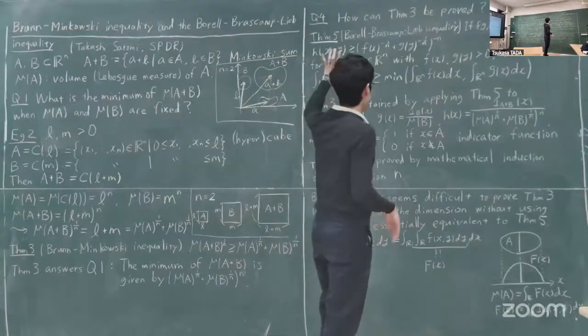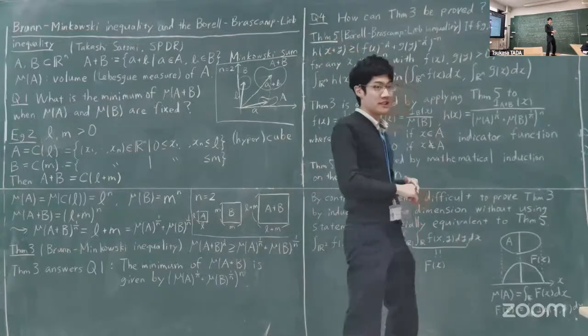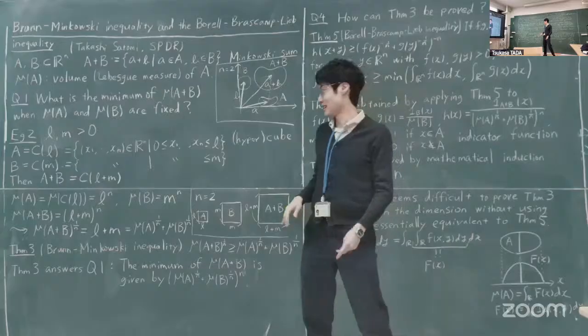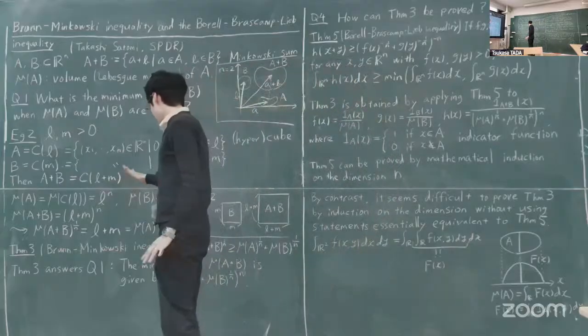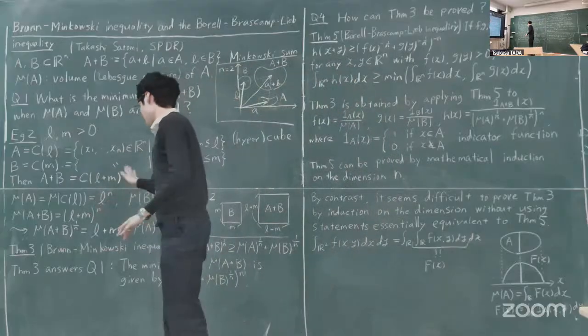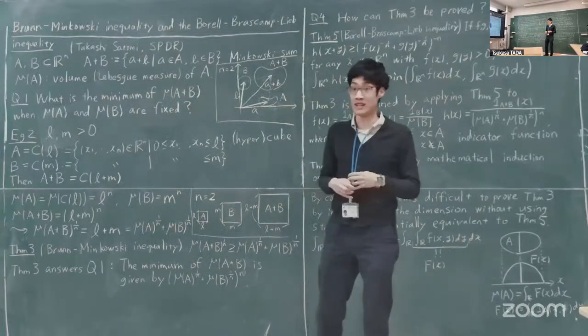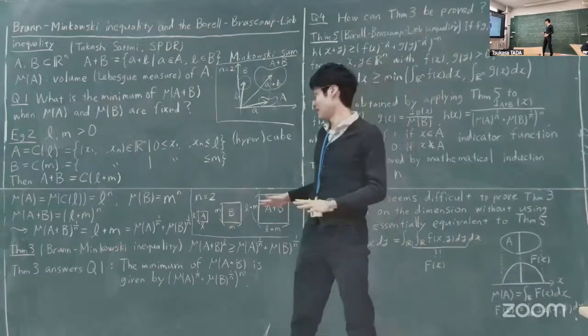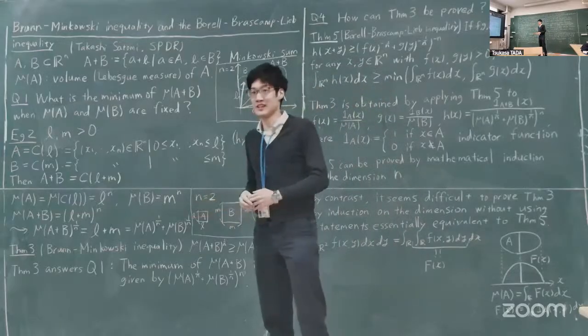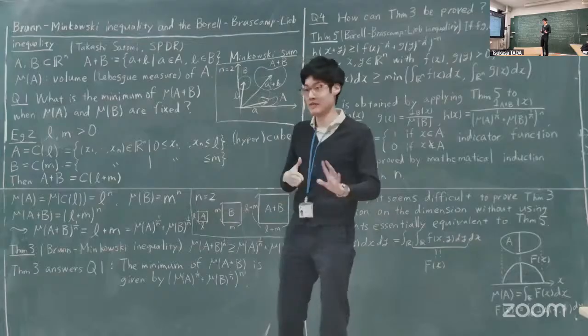The proof using the Borell-Brascamp-Lieb inequality is also important, but the other proofs of the Brunn-Minkowski inequality can be applicable to other mathematical things.